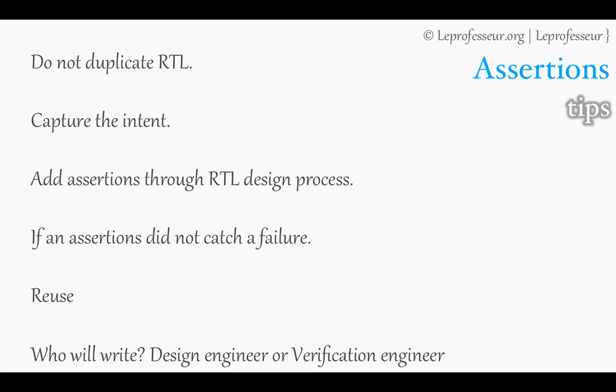And the design engineers who are writing RTL code, if they write at the block level, it basically makes everybody's life easier. So in short, at the microarchitecture level, or block level, it is the design engineer, and at the chip level, it is the verification engineer who is going to write the assertions. All right.